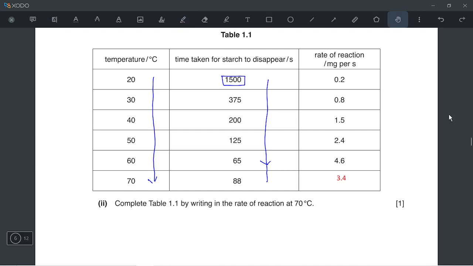Until temperature 60, it decreases and then it increases. The rate of reactions will keep on increasing initially, you can see, right? And then here you have to calculate the rate of reactions.